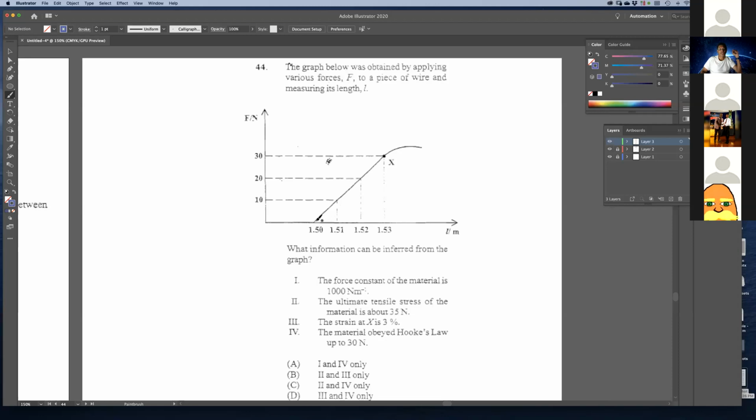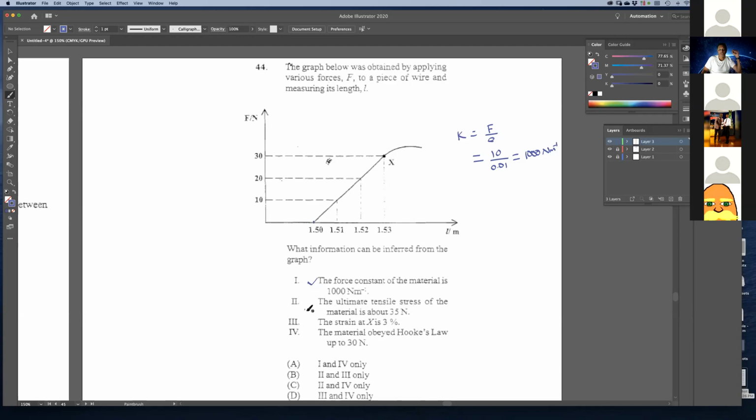So we're seeing that at an extension of 0.01 meter, we know force constant K is equal to force over extension. And we're seeing that when the force increases by 10, the extension increases by 0.01. And this is 1000 Newton per meter.